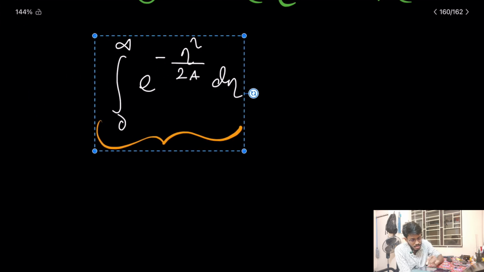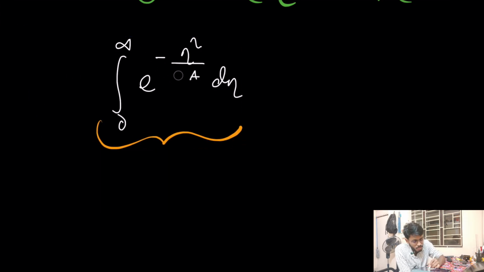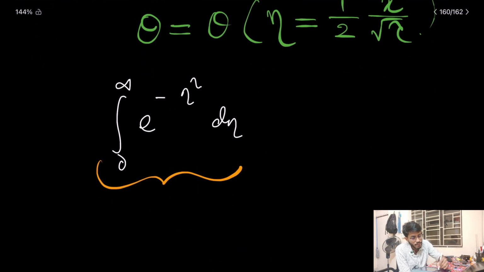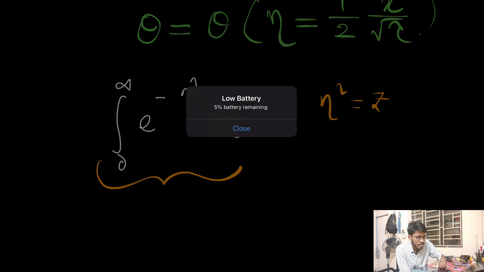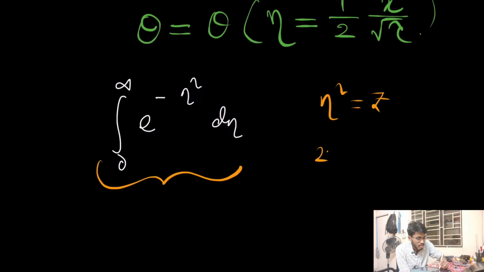Then this integral I will now calculate. So here if I take a is equal to half, then I will have only this one, right? So now I take eta square is equal to z. Then I can have this one.